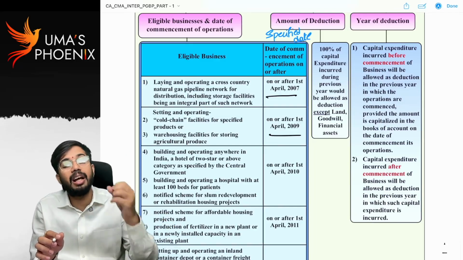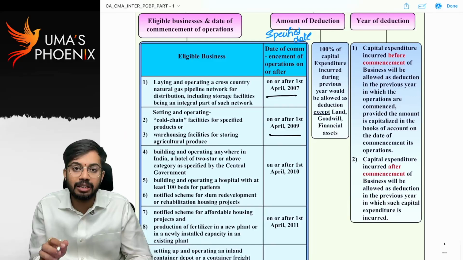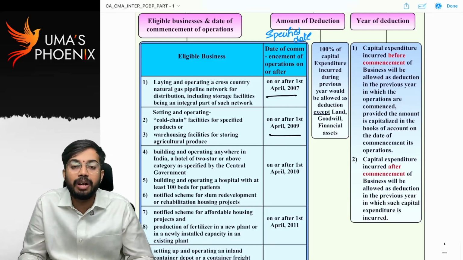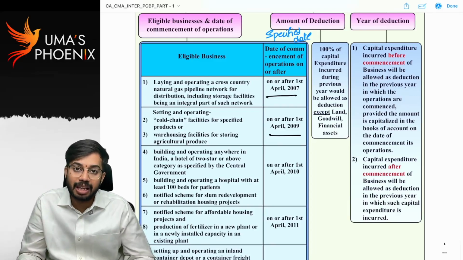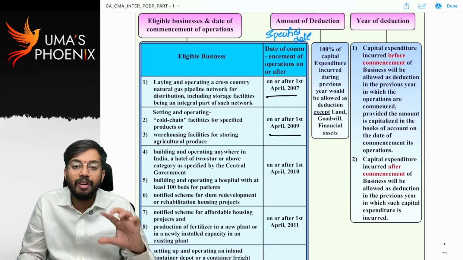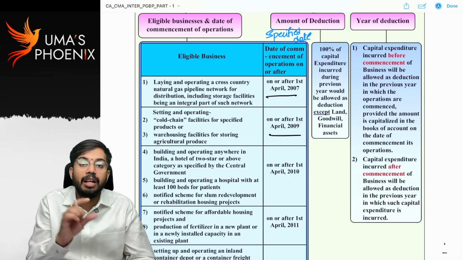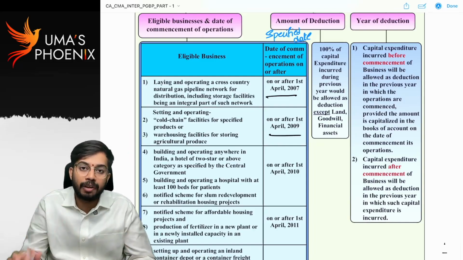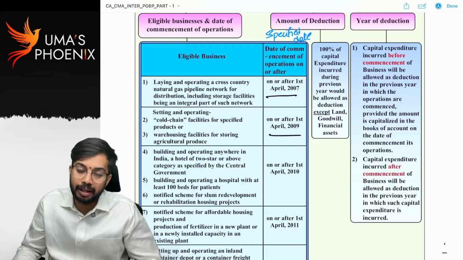Before commencement, any time, whatever the revenue expenditure and capital expenditure incurred is there, total of such expenditure is allowed as deduction under the head PGBP in the year in which business is started. But the only condition is, whatever the capital expenditure that is incurred before commencement is there, that should be capitalized in books of accounts in the first year. Only if such capital expenditure is capitalized, then only deduction is allowed in P&L account.